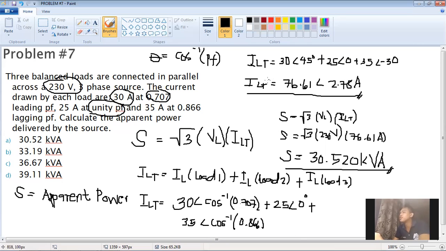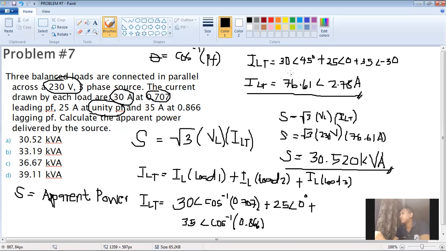Upon calculation with complex numbers in rectangular form, ILT is equal to 30 angle of 45 degrees plus 25 angle of 0 plus 35 angle of -30, since it is lagging power factor. ILT upon calculation will be 76.61 angle of 2.78 amperes.